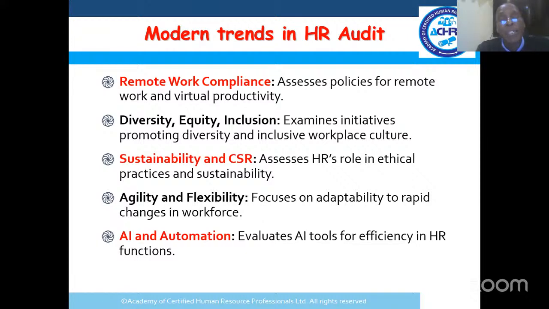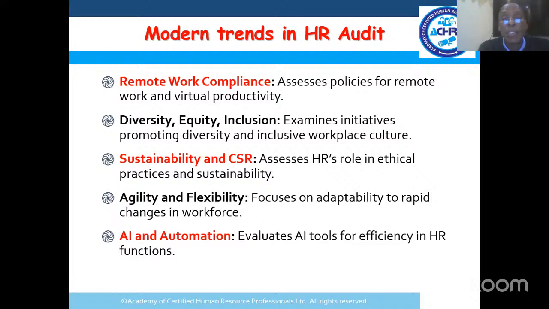And this can be done in a sustainable way, that we train our people on environmental aspects. For example, water conservation. How do we ensure that we don't waste a lot of water for which we pay huge bills? Or electricity. Can we train our employees to switch off lights when they are not in use?